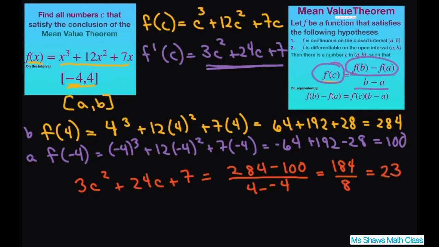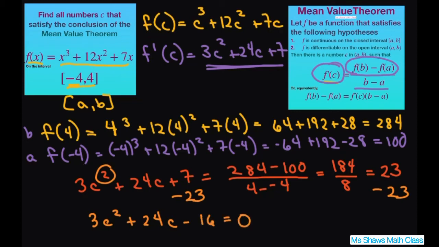Now we have a quadratic equation here, so I'm going to subtract 23 from both sides. So that's going to give you 3c squared plus 24c minus 16 equals 0.